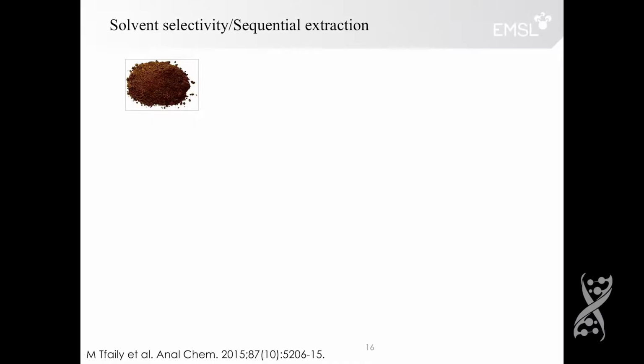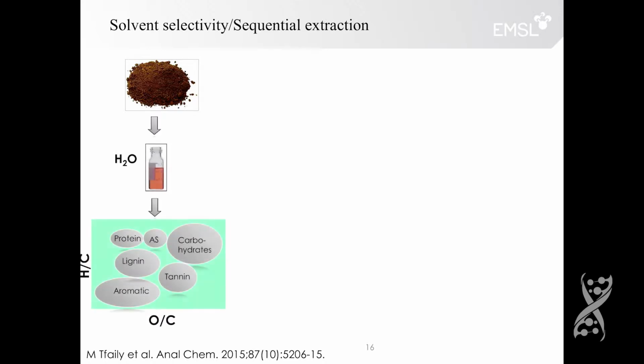So the first thing, as in proteomics, we had to do is learn how to extract the metabolites from soils. And Malak Tfaily in our group developed a sequential extraction for metabolites from soils for the FTICR. The first step is a water extraction, and the water extraction gets out a lot of the metabolites, including aromatics, tannins, lignans, carbohydrates, and proteins.